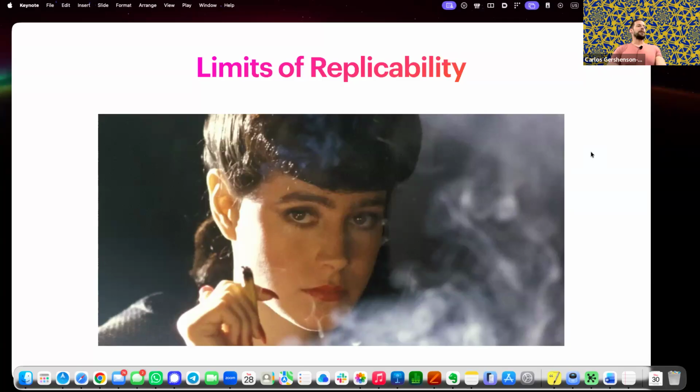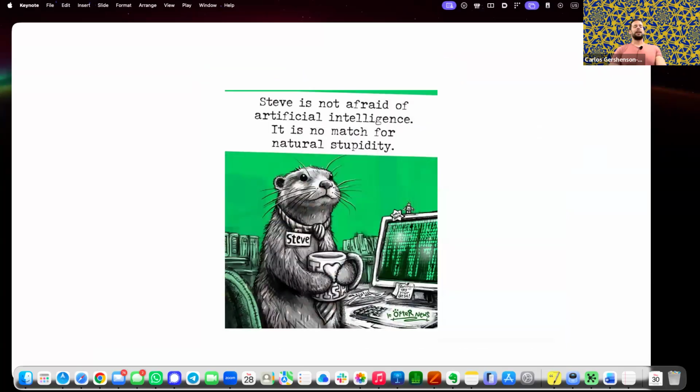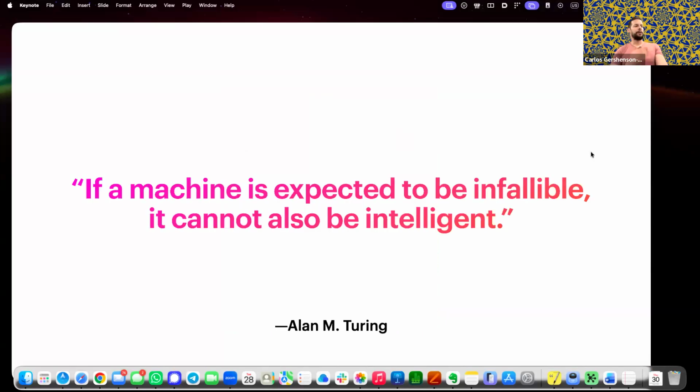But continuing with sci-fi, we can speak about artificial intelligence. Alan Turing, along with Claude Shannon and John von Neumann, were some of the first people to work with computers. They wanted computers not just to do lots of number crunching.